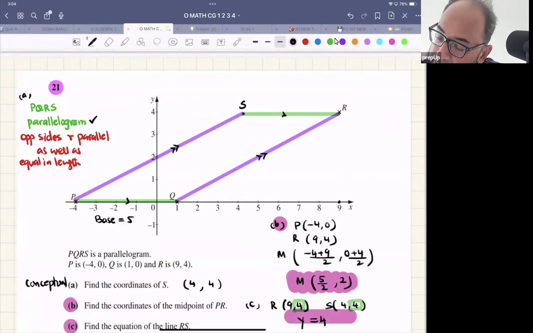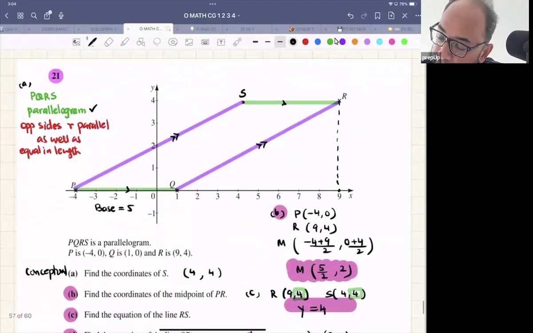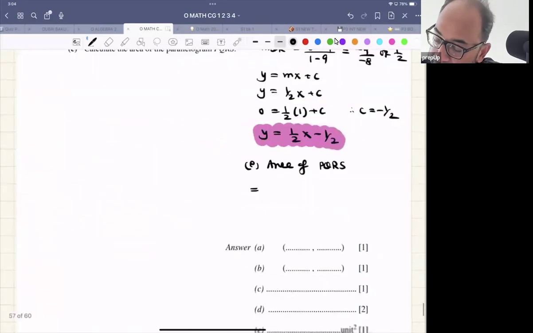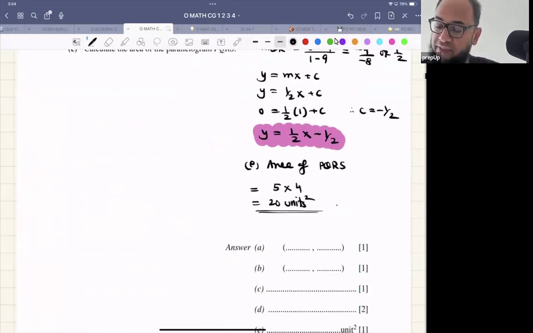And the height, it's always the perpendicular height, that is 4 units. So therefore, we will say 5 into 4, which comes out to be 20 units square. That is the area of this parallelogram. So this is all good, all clear.